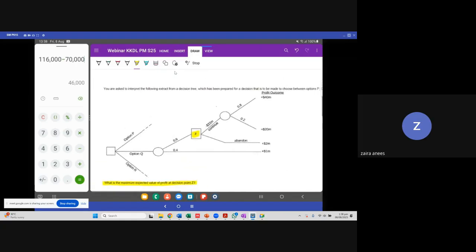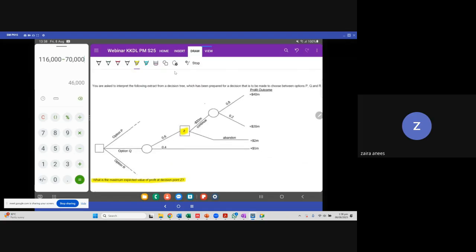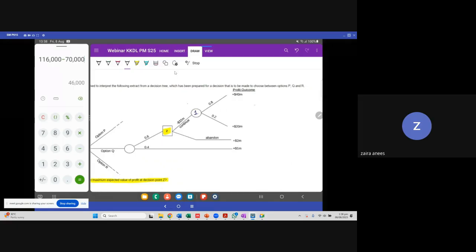So let's try to consider point Z. There are two branches of point Z. So first we have to solve this one, right? We have to get a point at this one and then we will compare it with the second one, right? So at point 1, or you can say A, there are 80% chances that the profit will be 40 million.